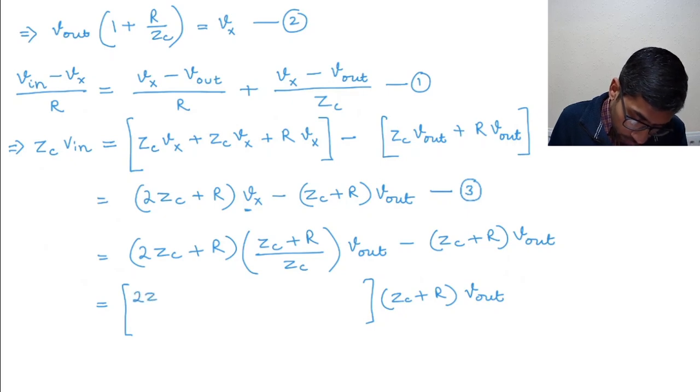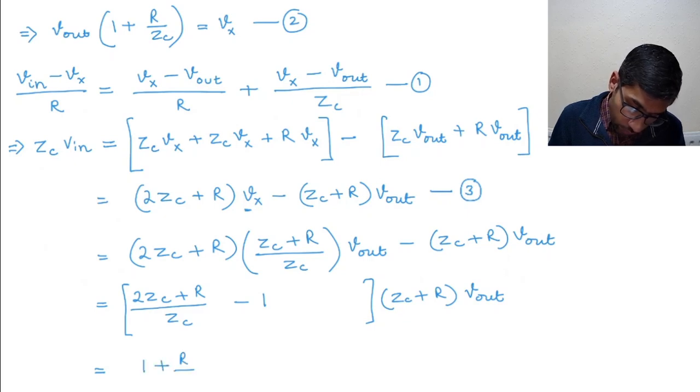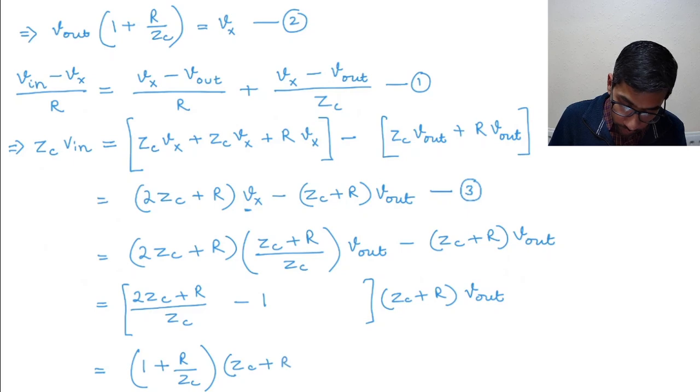You're left with twice Zc plus R over Zc minus 1, and you can simplify this, and that becomes actually 1 plus R over Zc times Zc plus R V out.